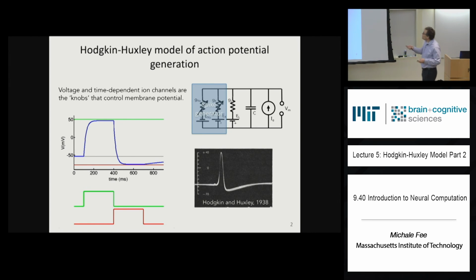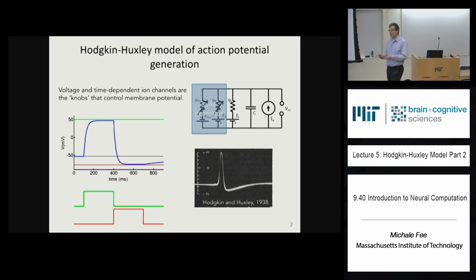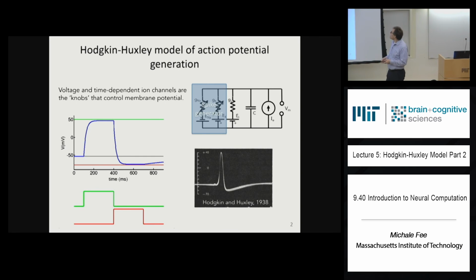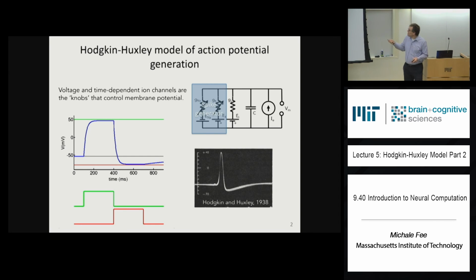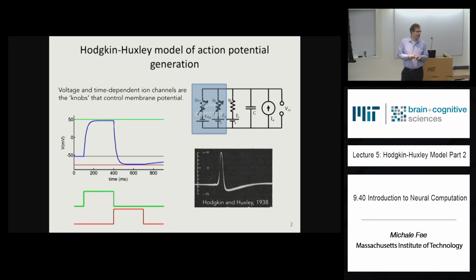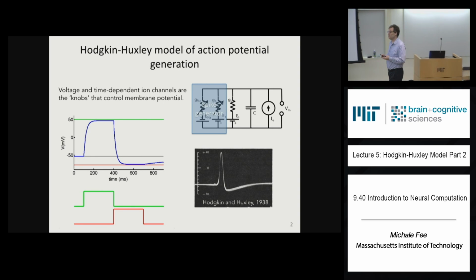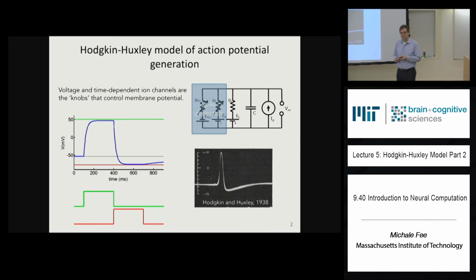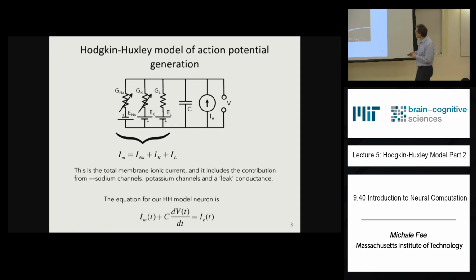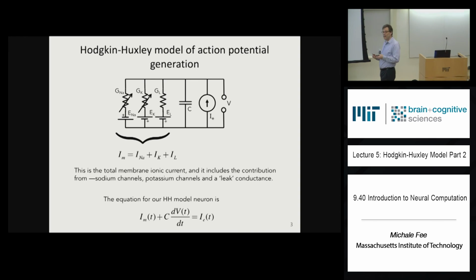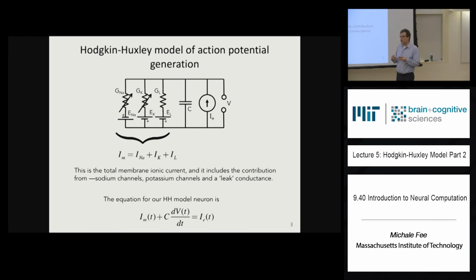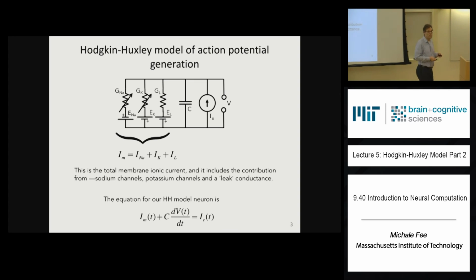Last time we worked out the voltage and time dependence of the potassium conductance. Today we're going to focus on the sodium conductance and explain various aspects of its voltage and time dependence. Then, in the second half of the lecture, we're going to turn to a really beautiful, simple model of a disease related to a defect in the sodium channel.